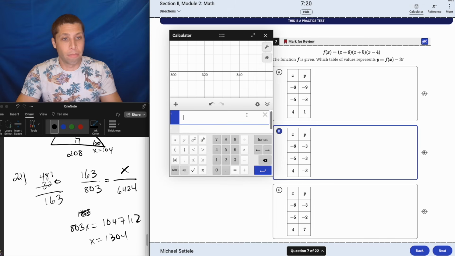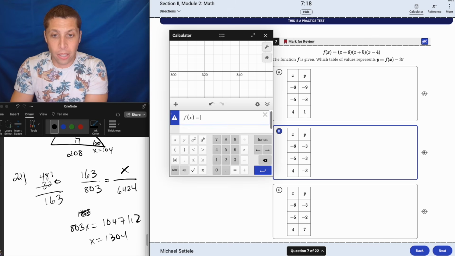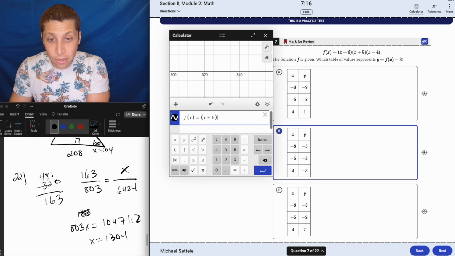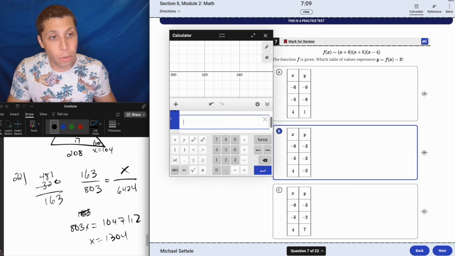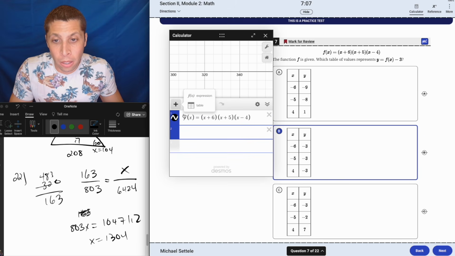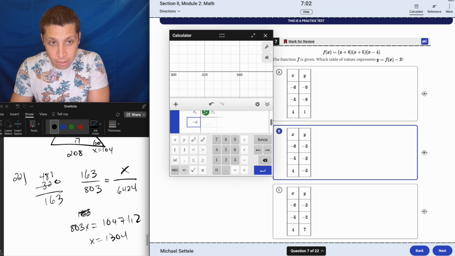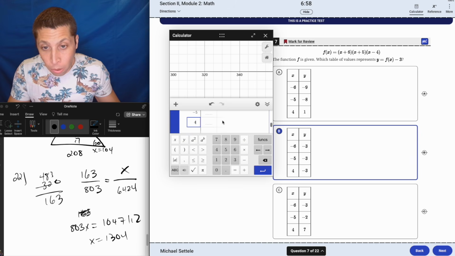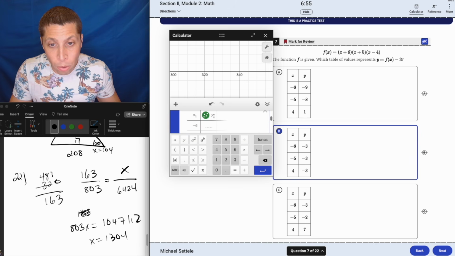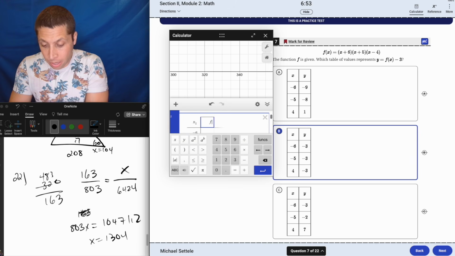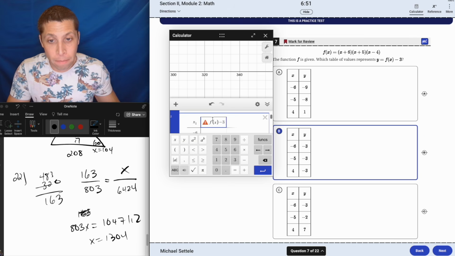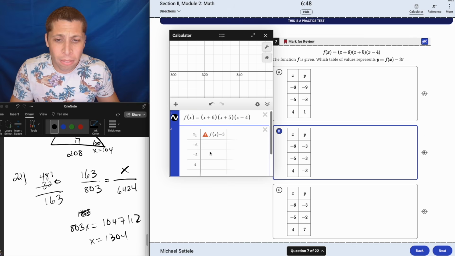Do some sureness. f of x equals x plus 6, x plus 5, x minus 4. And we can do a little table. We can do x is -6 and -5 and 4. And we can tell that y1 is really going to be f of x minus 3. Oh, really?